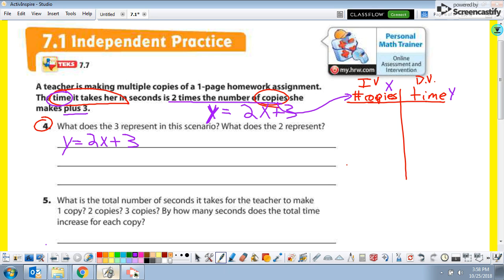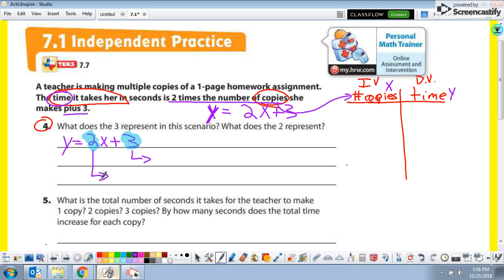So what do we think the 3 represents in this problem? We have our 3, and then we also have our 2. We have to figure out what the 3 represents and what the 2 represents. Well, it tells us that the time it takes her in seconds is 2 times the number of copies.